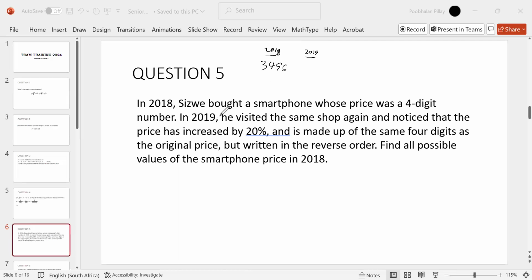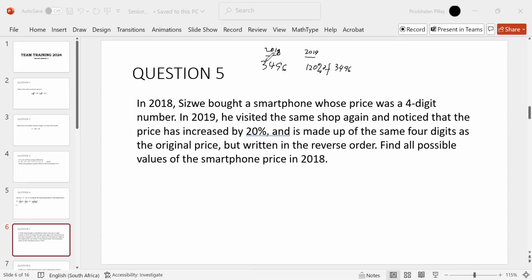And when he went back the next year, the price went up by 20%. So the next year is 120% of 3496. He noticed that the price had increased by 20%. But he noticed also the price is made up of the same 4 digits as the original price.